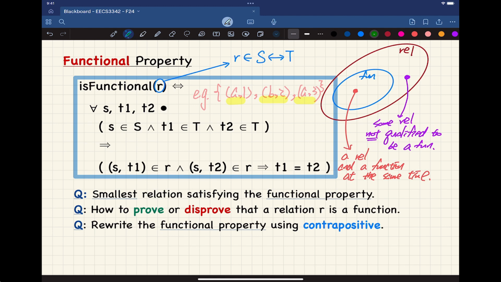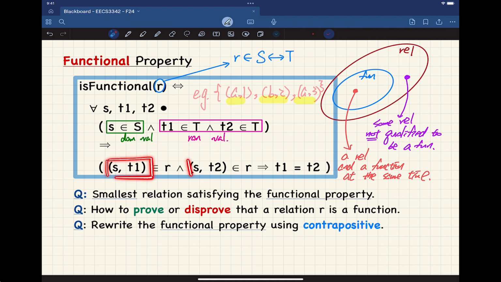think of it this way. S over here is a domain value. And these two are the range values. Basically, we're saying that if these two pairs are in the function, let me annotate this one a little bit more carefully. This one is saying these two pairs sharing the same domain value are in the same relation.